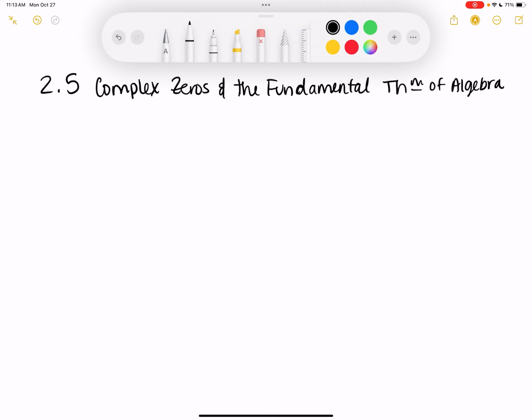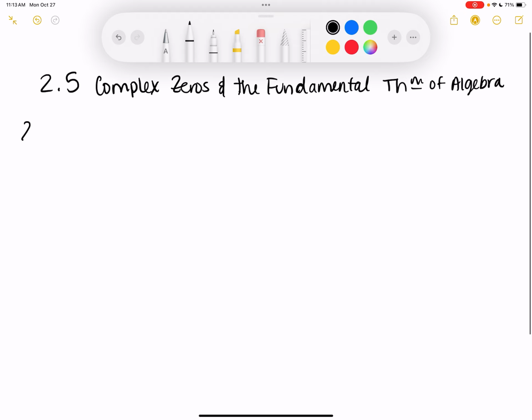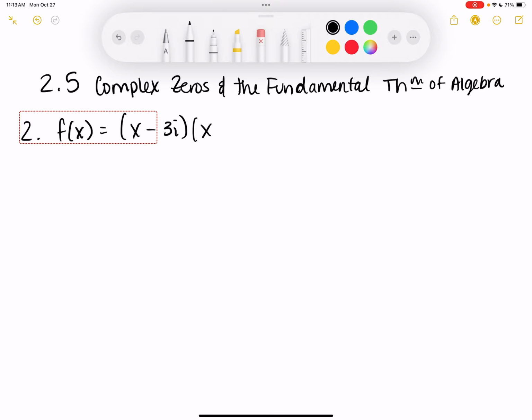So, 2, we have f of x is equal to x minus 3i times x plus 3i. So we're going to write it in standard form first. And then, oh wait. I wrote this problem wrong.